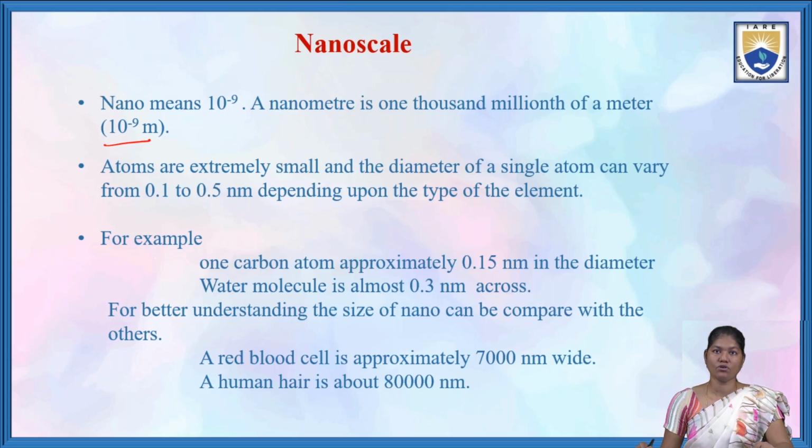Atoms are extremely small, and the diameter of a single atom can vary from 0.1 to 0.5 nanometers depending upon the type of element. For example, one carbon atom has a diameter of approximately 0.15 nanometer.